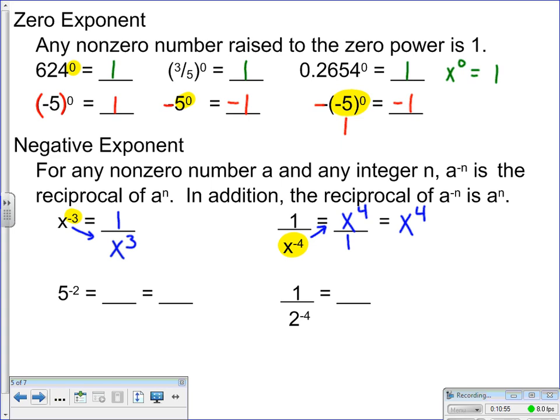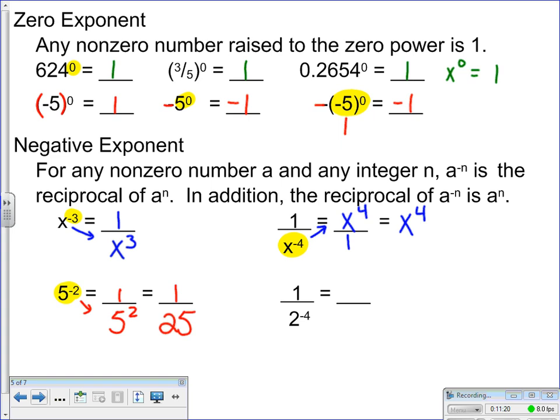Now all of this works with numbers also. You see 5 is in the numerator. Move it to the denominator, and it becomes 5 squared. Now you can actually work that out. You should not try to square a negative; only square positive. So 5 times 5 will make 25.